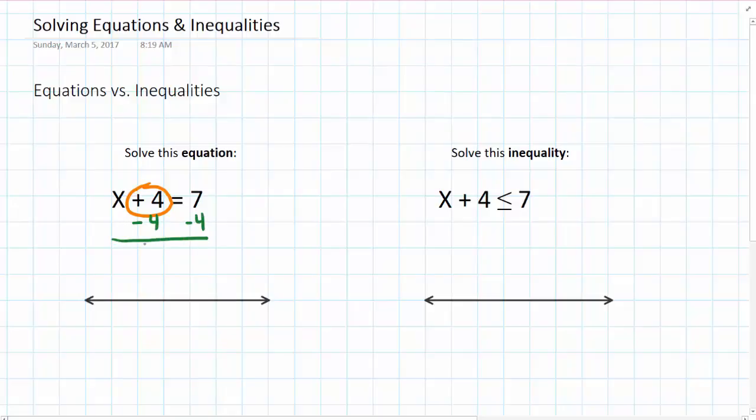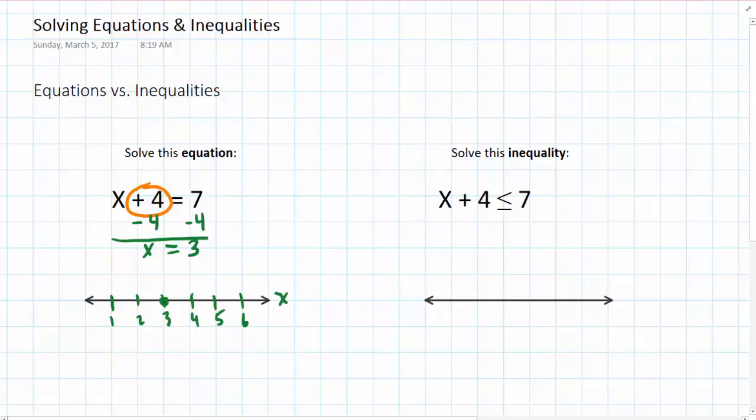So we just have x, because this canceled out. Remember, plus 4, the inverse is minus 4, so it cancels out. Equals 7 minus 4 is 3. So the solution to x, on a number line of 1, 2, 3, 4, 5, 6, is just at 3.